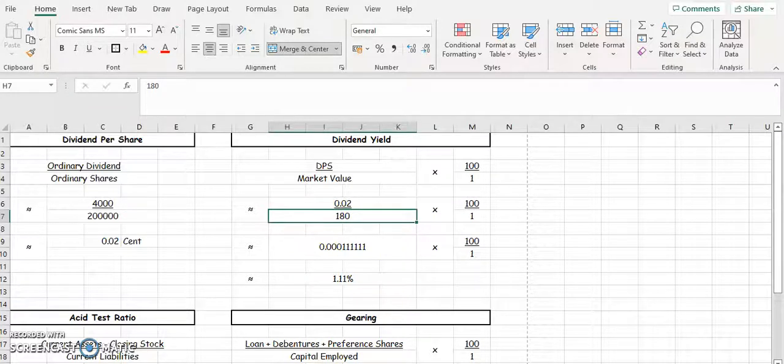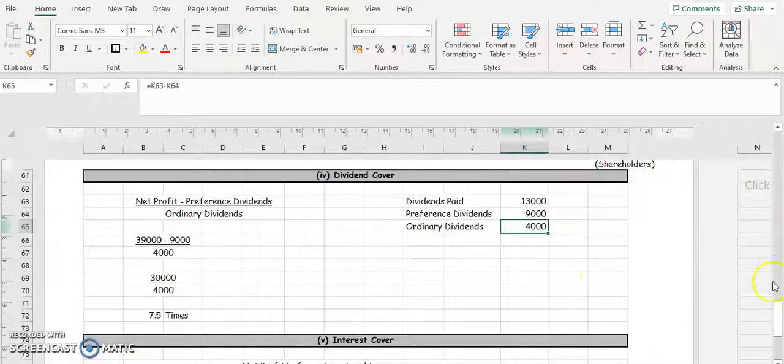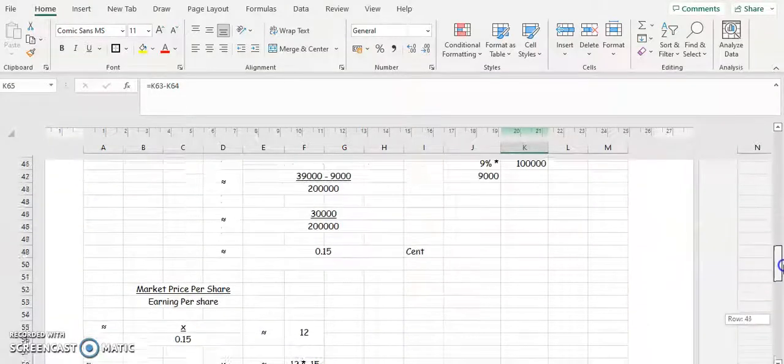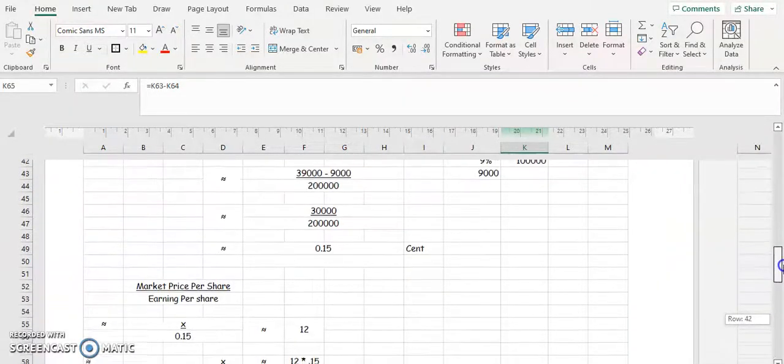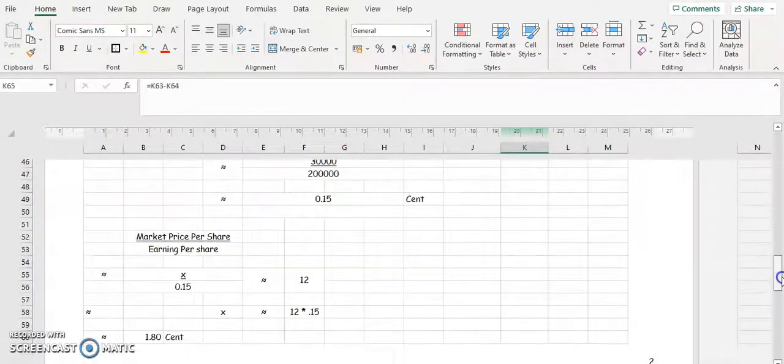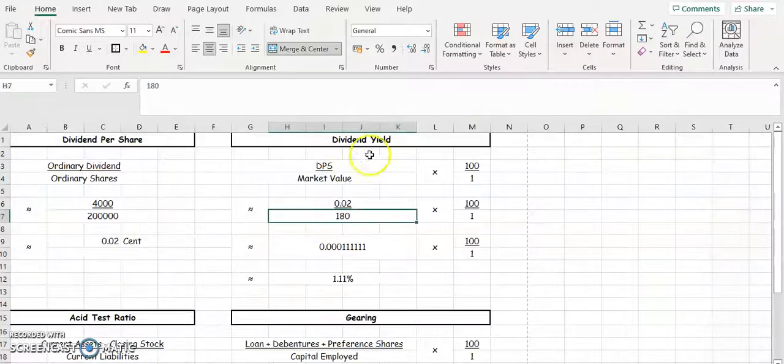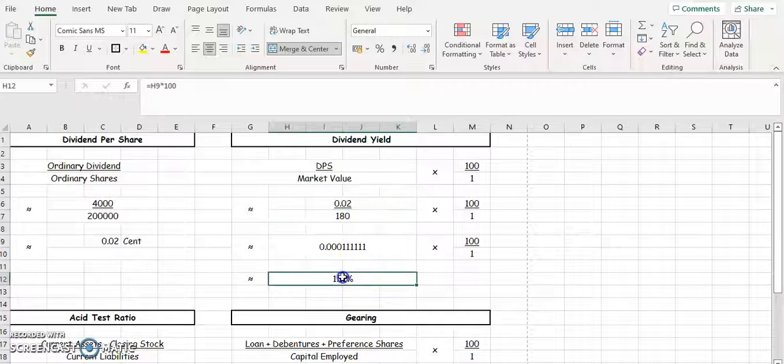So we will calculate that as part of part 3 in part A. So we will calculate our market value per share to be €1.80. So when we come to calculate what is our dividend yield, it's 2 cents divided by 180 cents. So it's going to be equal to 1.11.